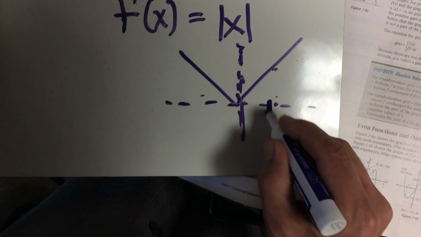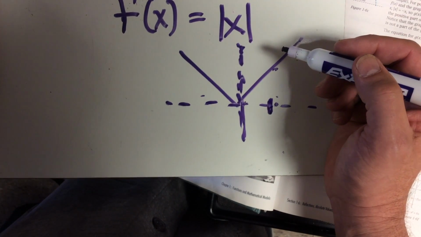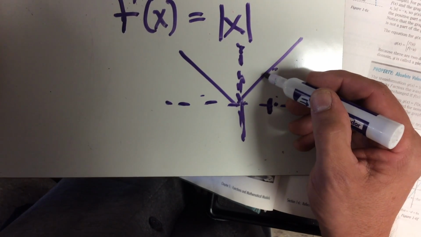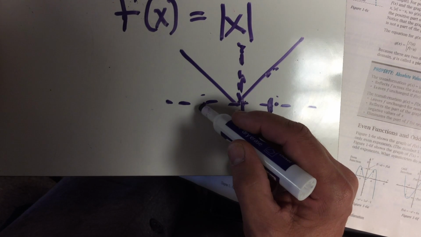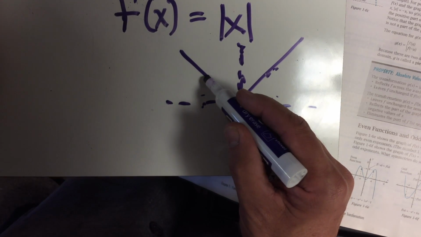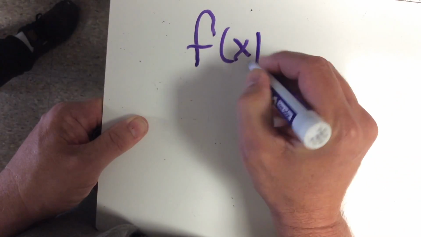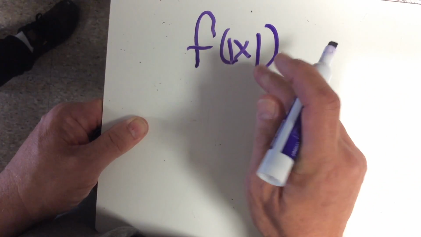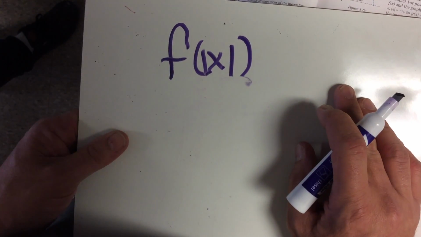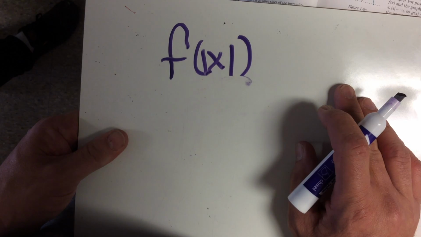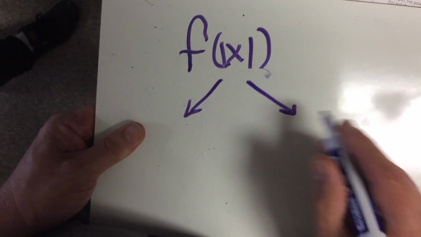X might be positive over here, but by the time you put it into the function, nothing's changed. If you start with a negative x, it's going to have the same value as if the x were positive, right here. And the easiest way I can think of to explain this is to say, all right, if I'm taking the absolute value of my argument, this is going to actually turn into two different functions.